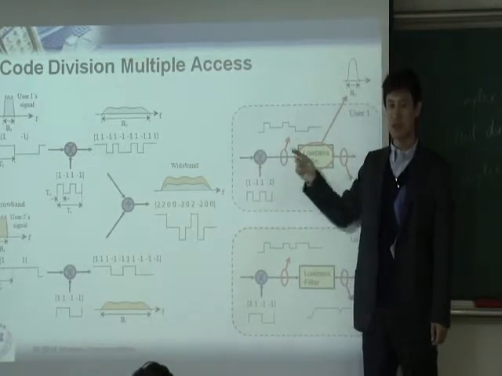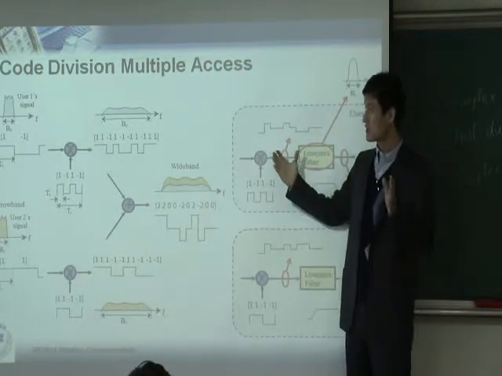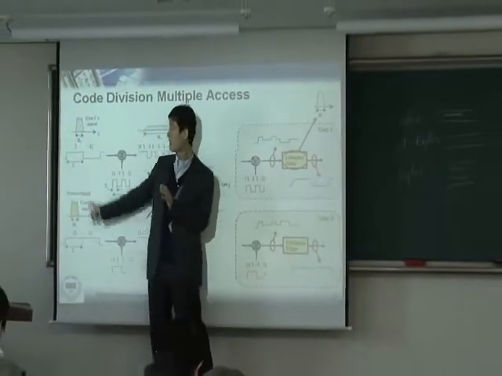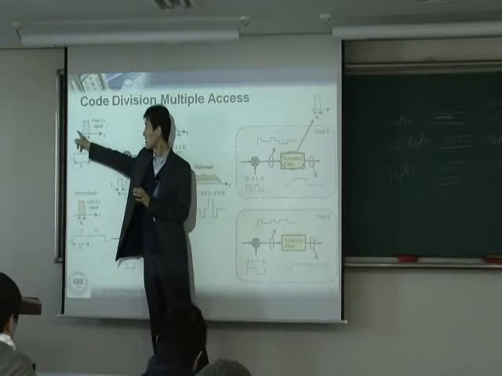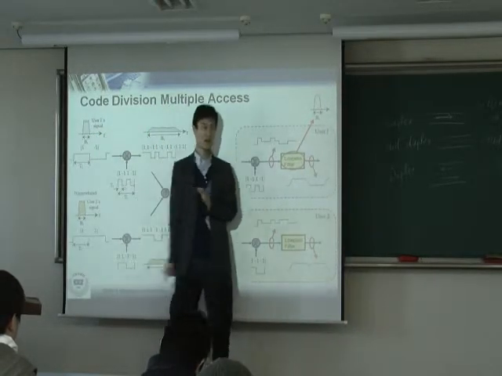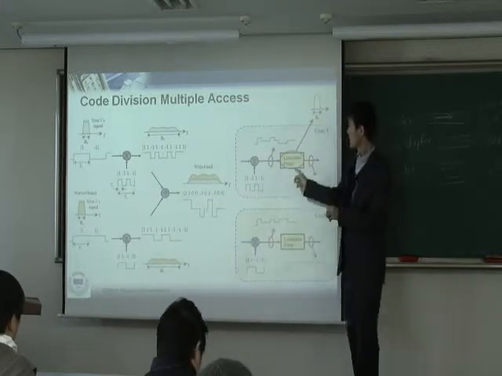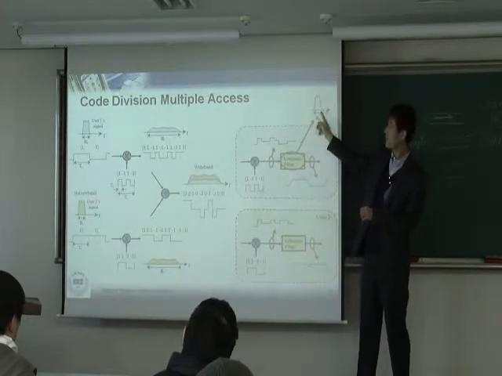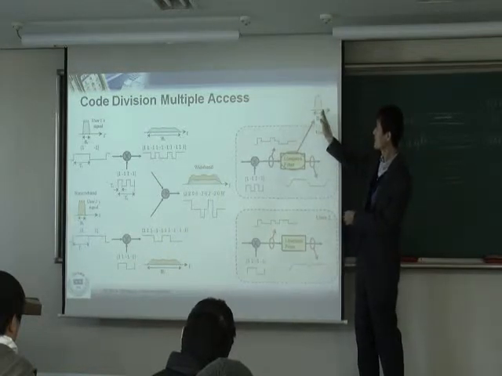Once you do the despreading process, it does not come back to exactly the original information. What you have is some additional signals left and right. So in order to recover the very clean original spectrum, you have to have a low pass filter like this.